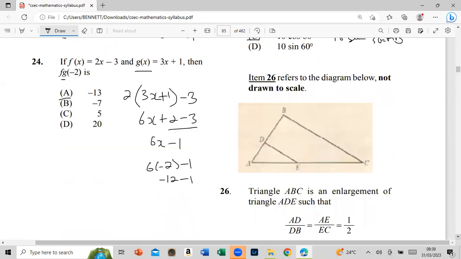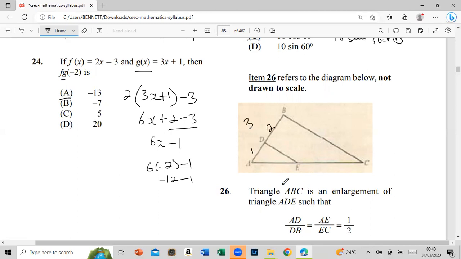Alright, let's go now. Item 26, refer to the diagram below, not drawn to scale. Triangle ABC is an enlargement of triangle ADE such that AD to DB is 1 to 2. So that's 1, 2, which means the entire length is 3.